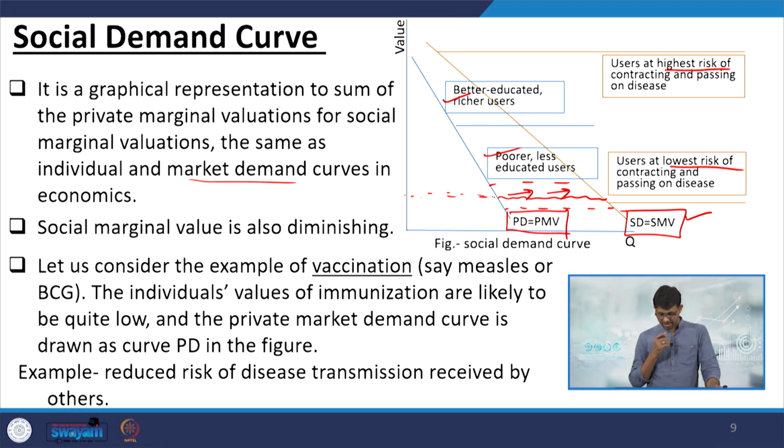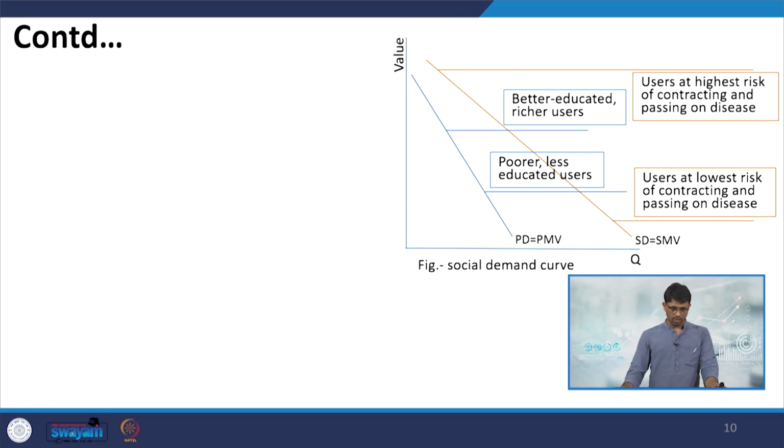Once the vaccination is implied or already effective, and some of them have already taken it, there is a possibility of reduced risk of disease transmission, and another person will be taking it at a very lower value. Hence, its demand curve is estimated at a lower level than that of the social marginal value.